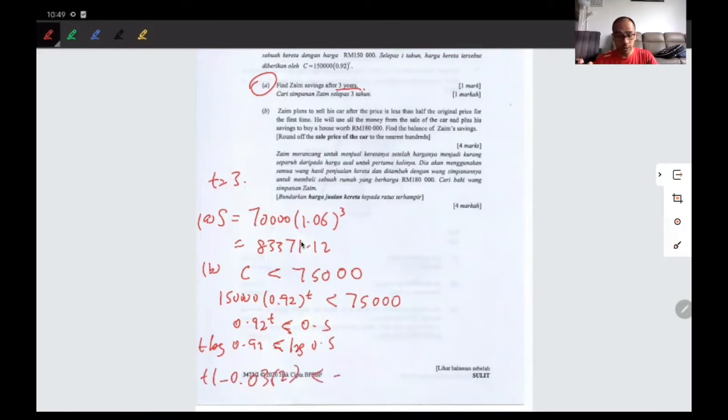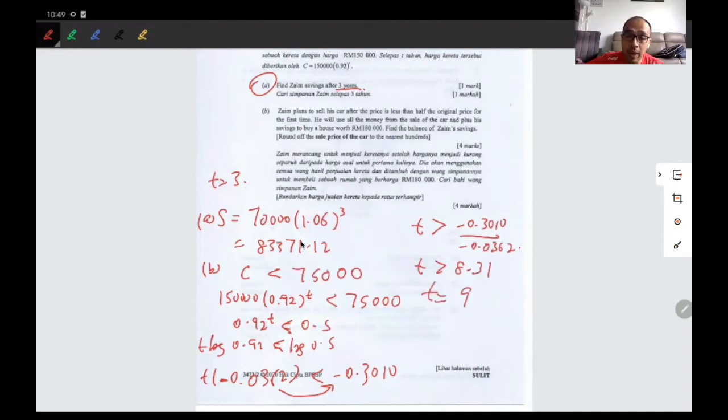Because you are moving the log across and it is a negative number, t is more than negative 0.3010 over negative 0.0362, because you are dividing by a negative number. Even I fell for it. So t is more than 8.31, therefore t equals 9. So the year where the car becomes less than this is the 9th year.